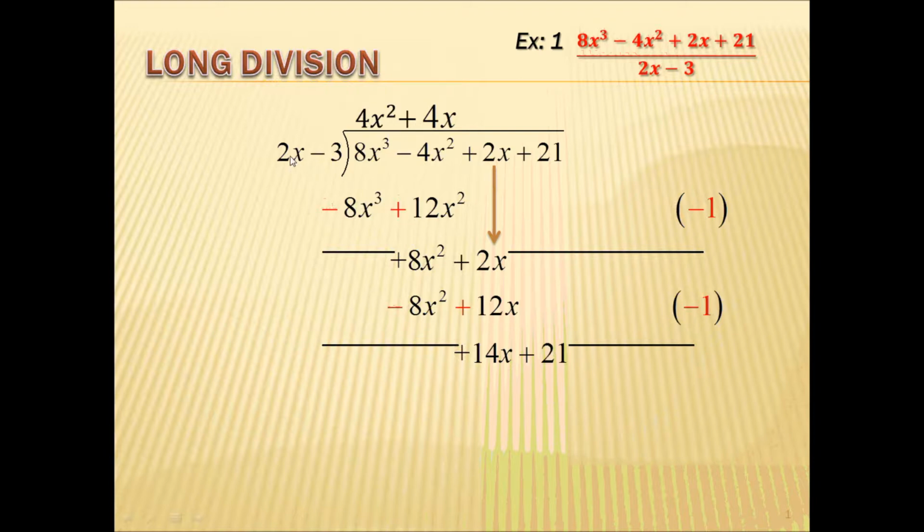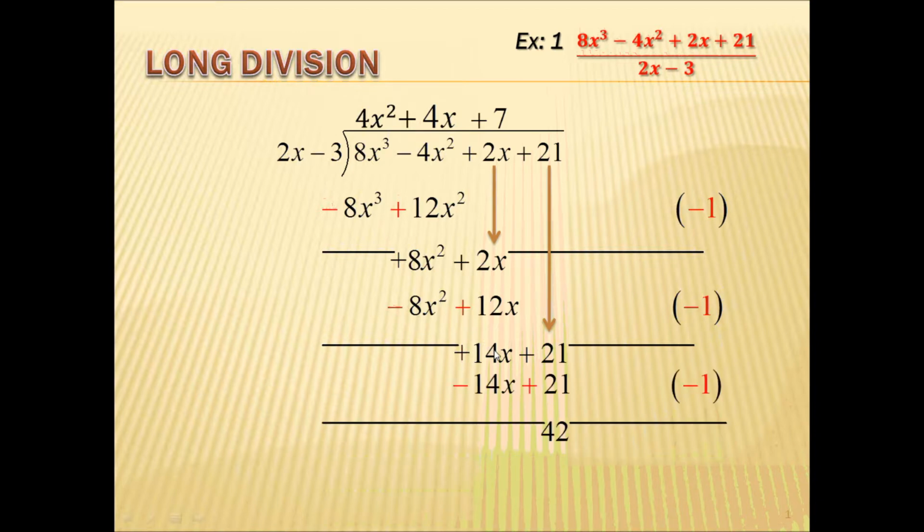I'm going to divide 2x into 14x, and that will give me plus 7 right there. I'm going to place that, plus 7. And 7 times 2x is 14x, and that comes into play right here. I'm changing the signs. And 7 times minus 3 will give you minus 21.